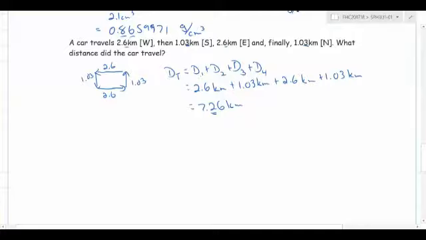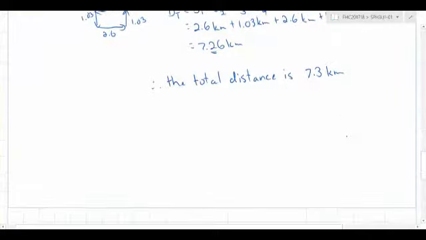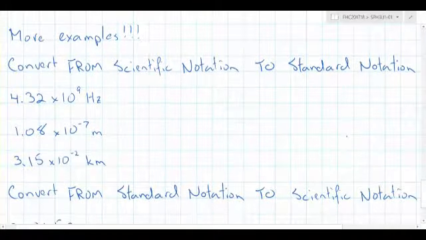I look at the next digit. So the 26 is basically closer to 30 than it is to 20. So we're going to round it up to 7.3. So we'll say, therefore, the total distance is 7.3 kilometers.